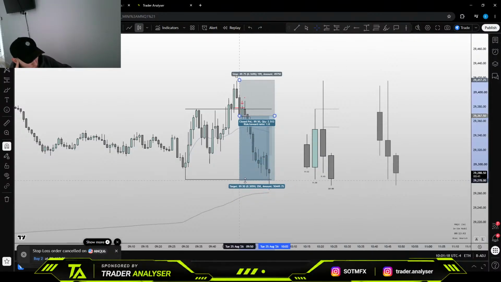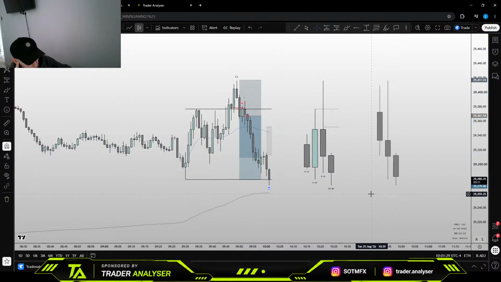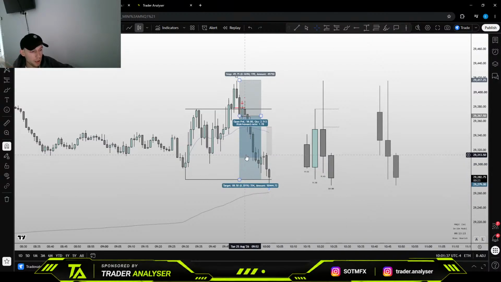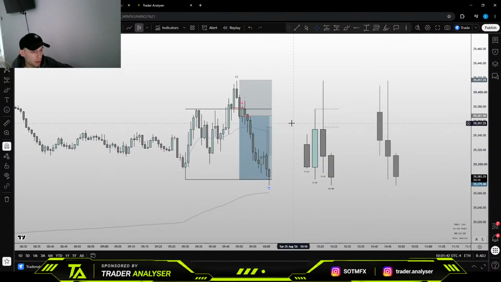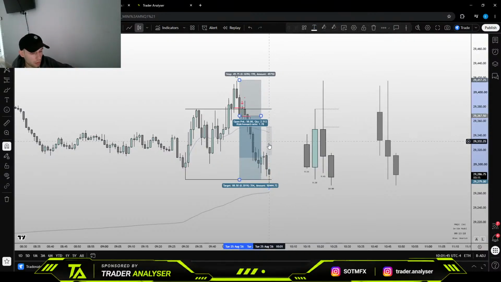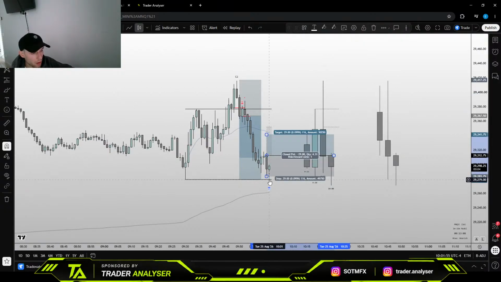All right, so I did close at the opening range low. So that was a pretty good 1 to 1.7 hour trade. Let's see, maybe I can try to go long.